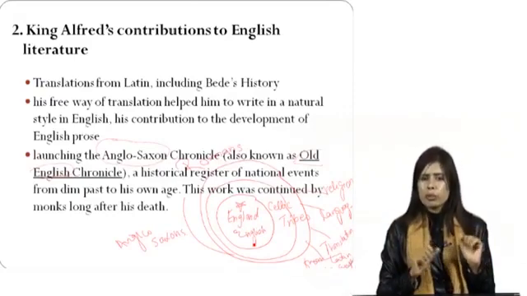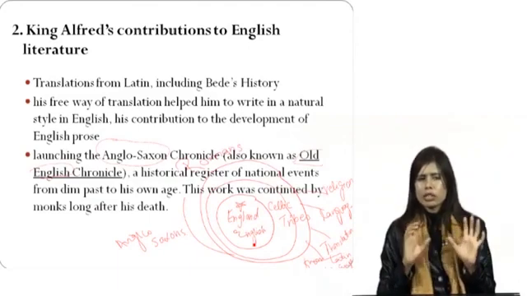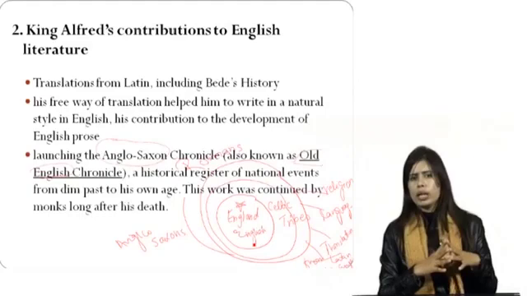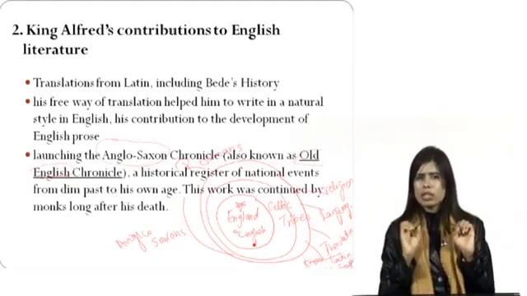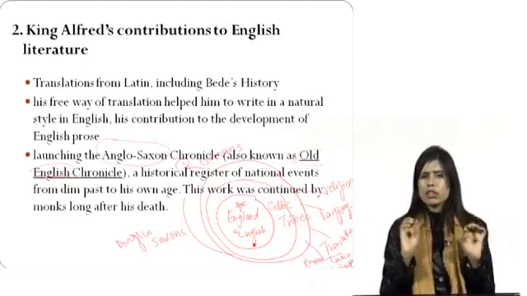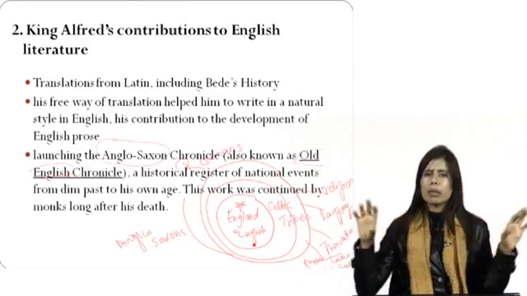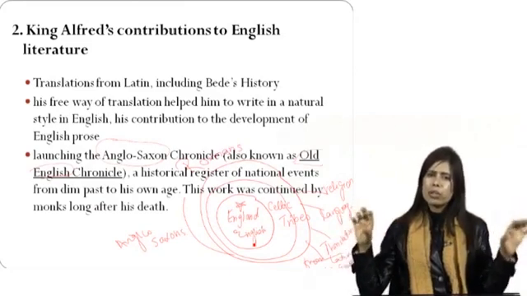And then we talked about King Alfred's contributions to English literature, how he promoted literature in society by translating Roman literature written in Latin into English in order to give his people exposure to the world.